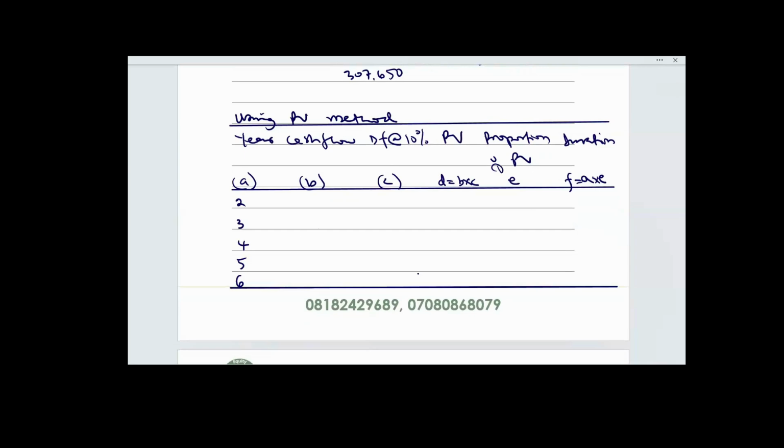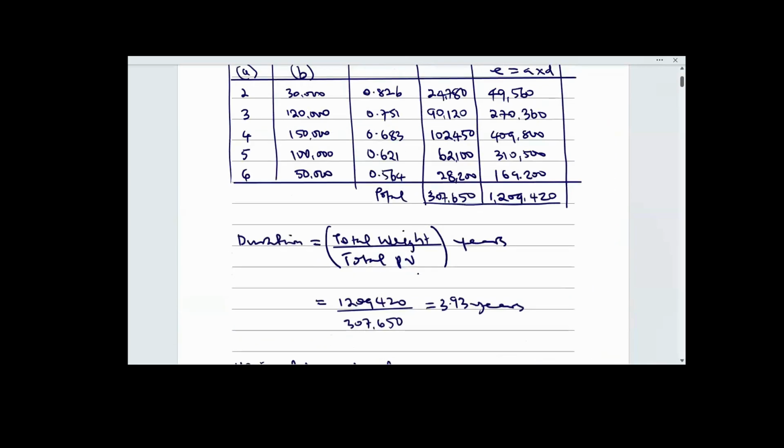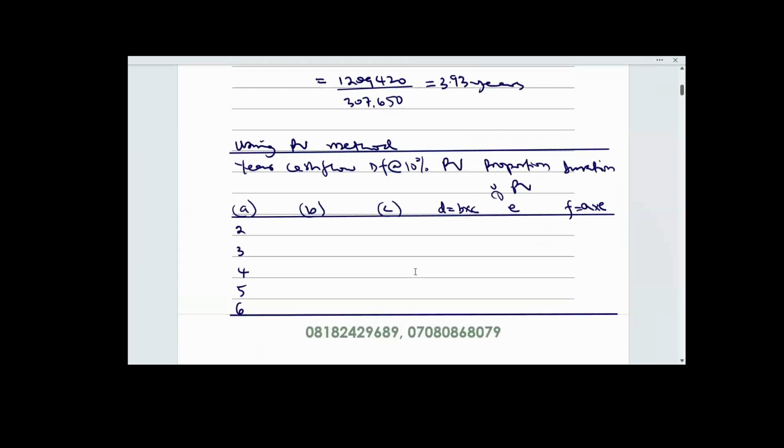The cash flow of the second year is 30,000. Here is 30,000, 120,000, 150,000, 100,000, then 50,000.